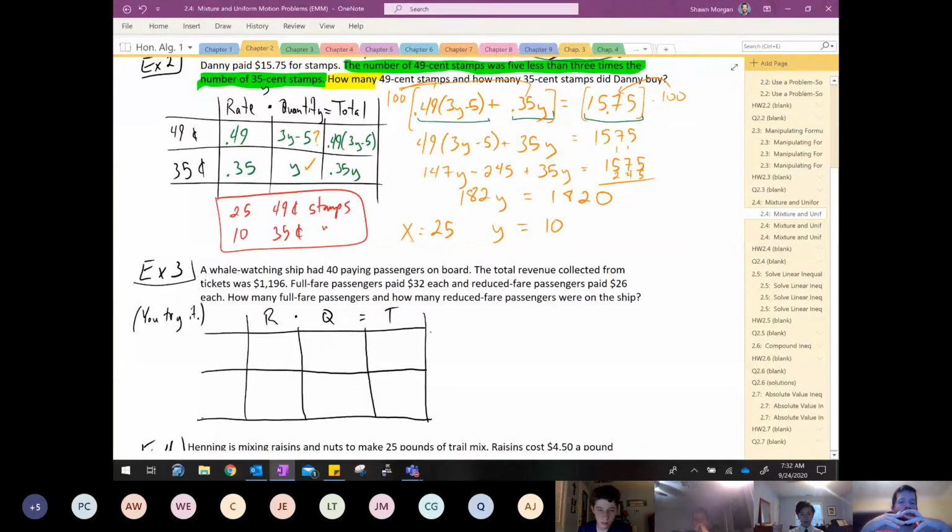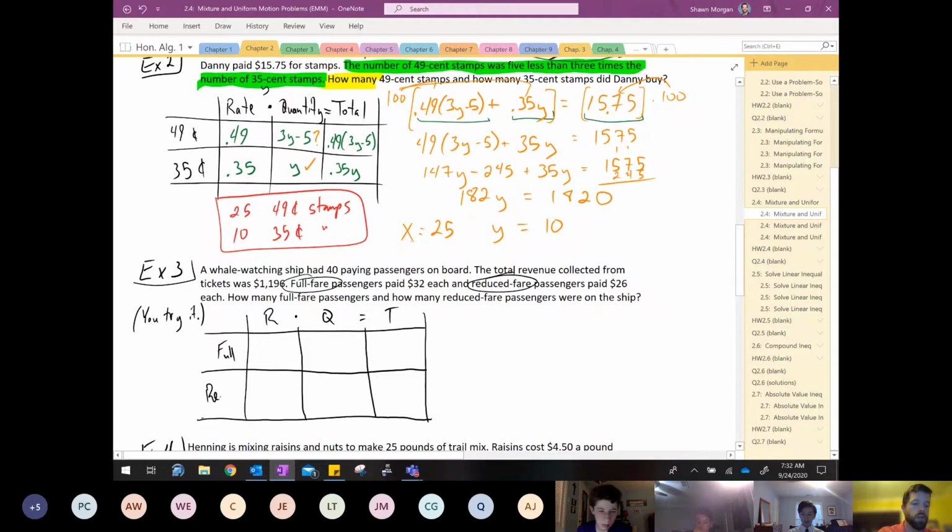Yes, that's true. As you read the problem, there's going to be 2 different types of things that we are purchasing with that money. What are the 2 different types of things? Tickets. Okay, so you got full fare tickets and reduced fare tickets. So we're just going to say full fare tickets and reduced.